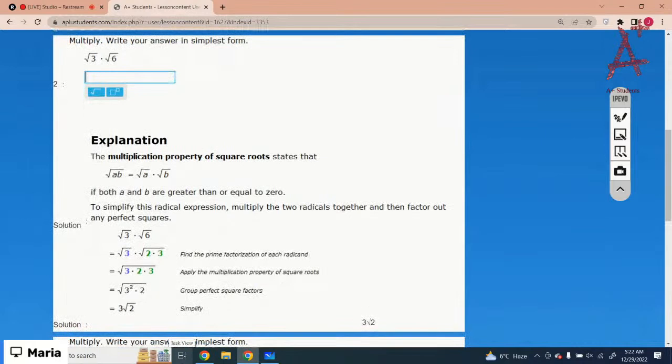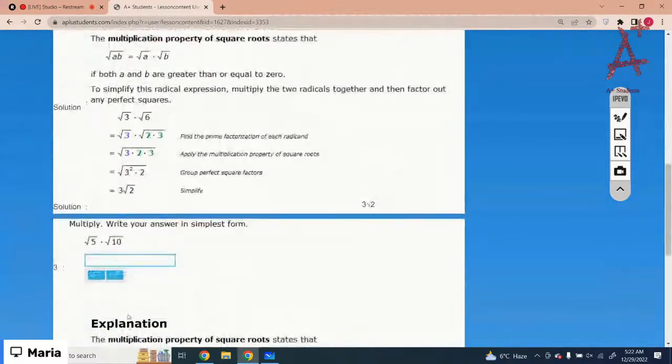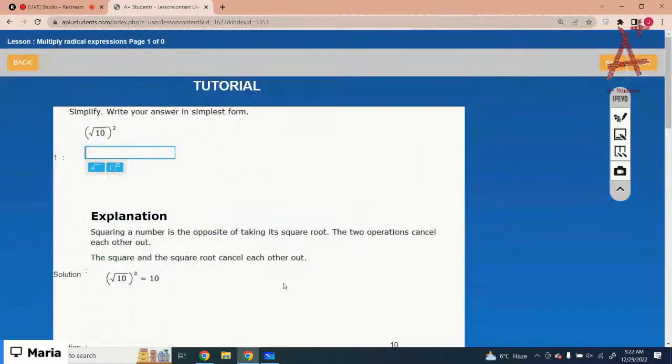We factored 6 as prime factors 2 times 3. So when you write them in the same radical, it would be 3 times 2 times 3. So you can make it 3 square. Got it? So you can cancel out the square and square root, and you're left with 3 square root 2. Got it? Let's just do the practice questions.